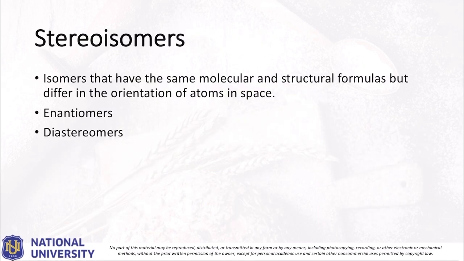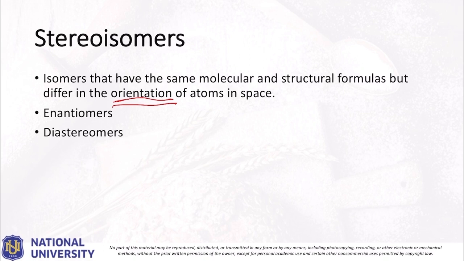Next is stereoisomers. So this is one of the main form of isomerism. These are isomers that have the same molecular and structural formulas but differ in the orientation of atoms in space. So unlike kay constitutional, same lang sila sa molecular formula.